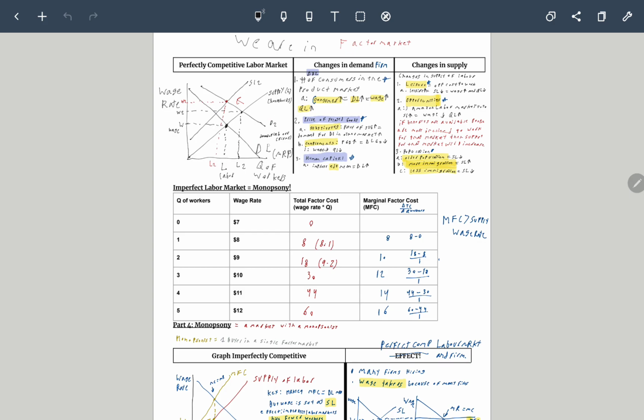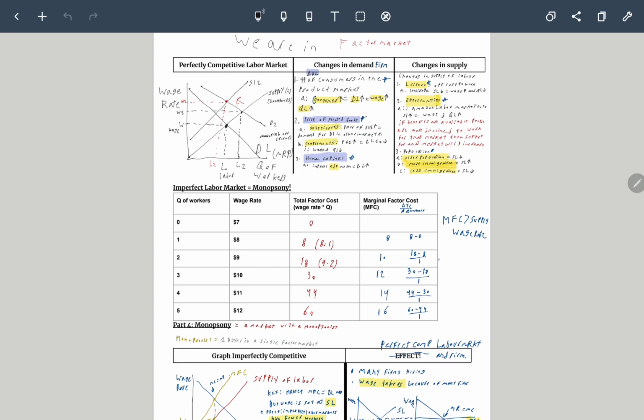So there are a few shift factors that we can identify to help us know how this graph shifts. First is the number of consumers in the product market. If the consumers increase, then the demand for labor increases, which causes wage and quantity of labor to increase. We have price of related goods, which are substitutes.